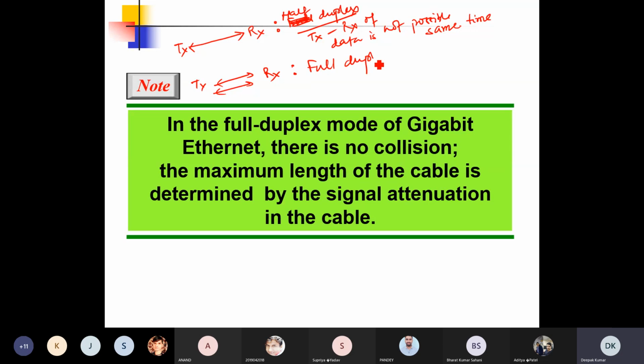In this, reception and transmission are at the same time. This advantage of the full duplex technique can be utilized in Gigabit Ethernet.